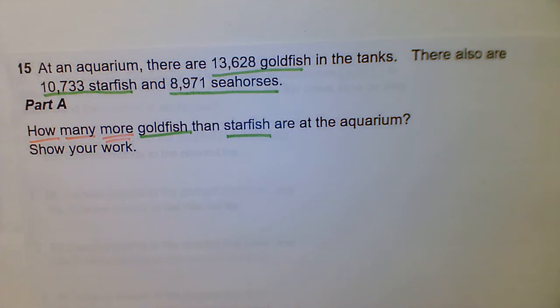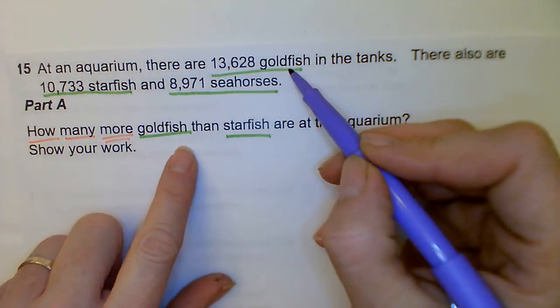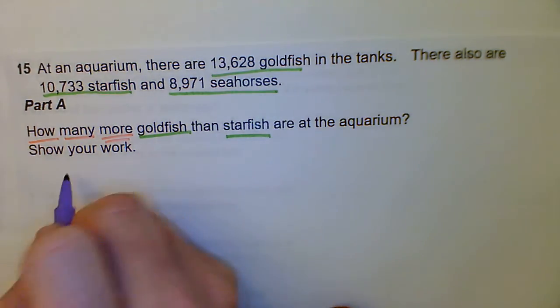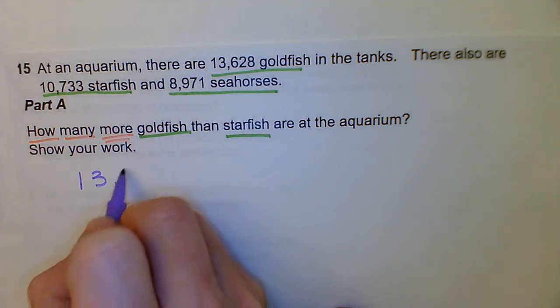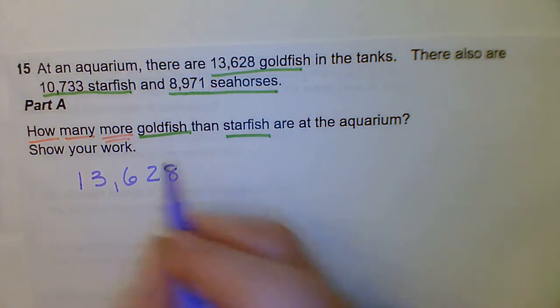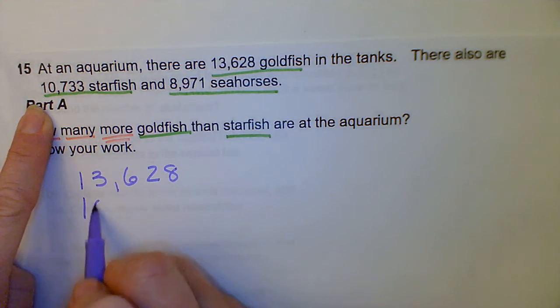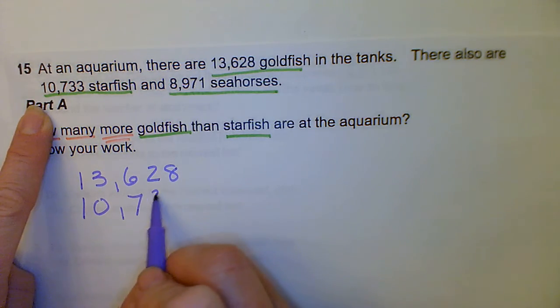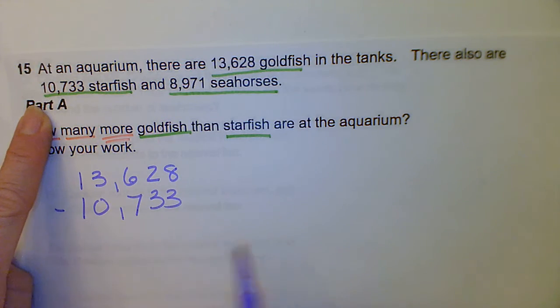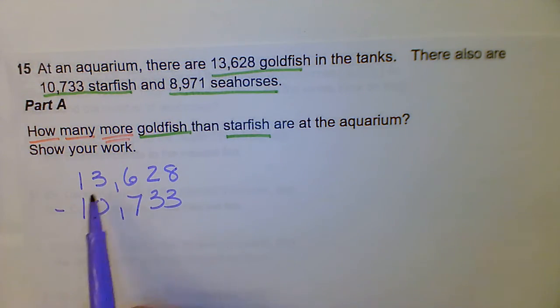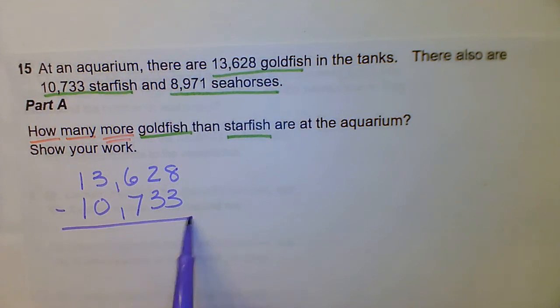So let's start by being super careful. I need my goldfish number. Here's my goldfish. I need that number, 13,628. And I need my starfish. Here are my starfish. So I have 10,733. I'm looking for the difference, so I put the larger number on top, the smaller number on the bottom. Oh, I did something really bad though. Would you like to know what I did?